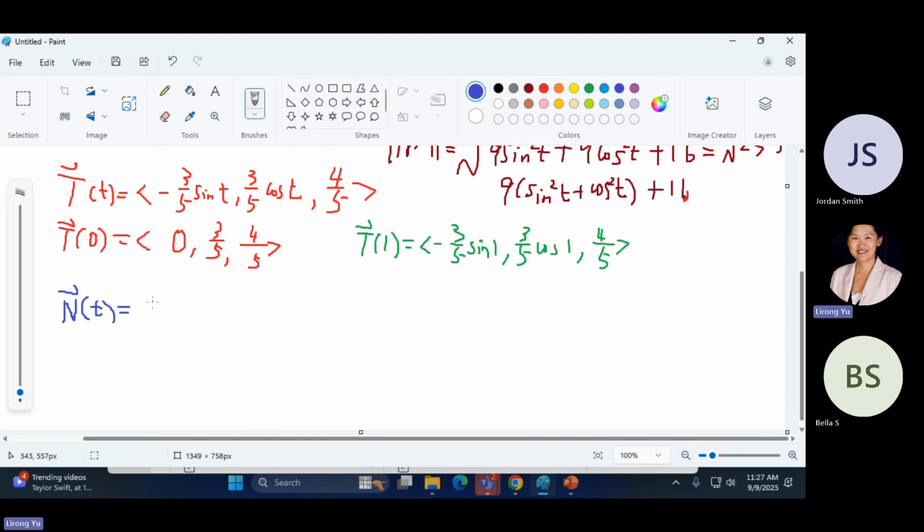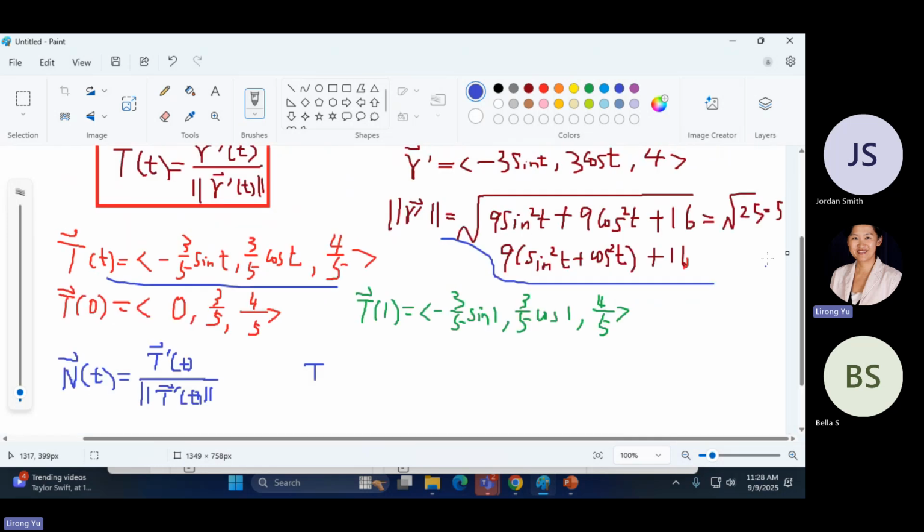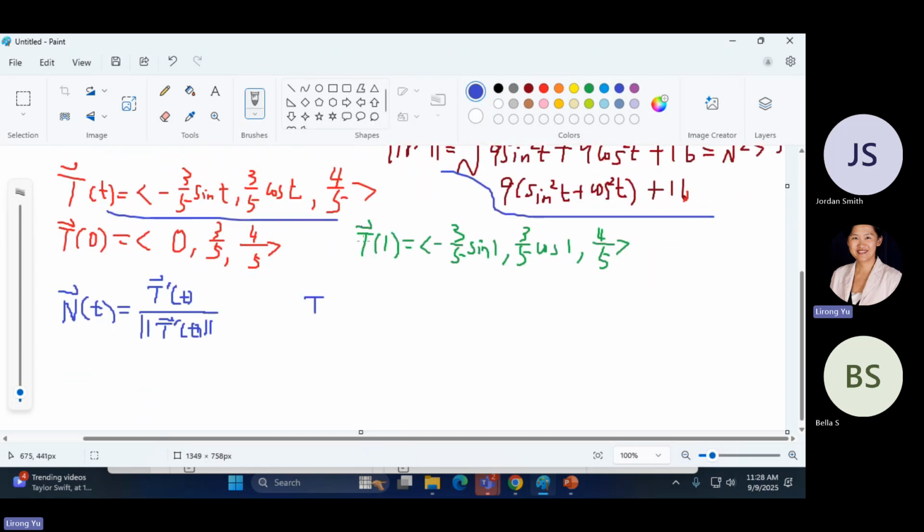By definition, it should be the derivative of the tangent vector divided by the magnitude of the tangent vector's derivative. First, we want to find the derivative. The good thing is the tangent vector, if we are able to handle the division, has a constant magnitude of 5, so everything divided by 5 is not too hard to differentiate.